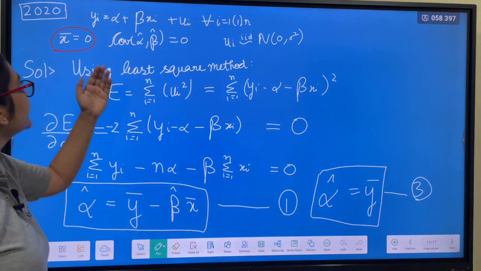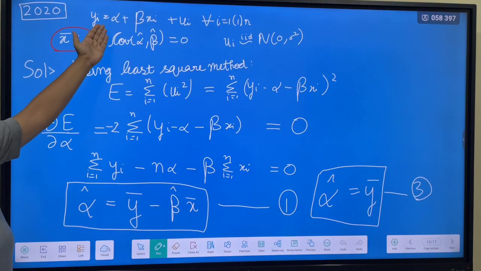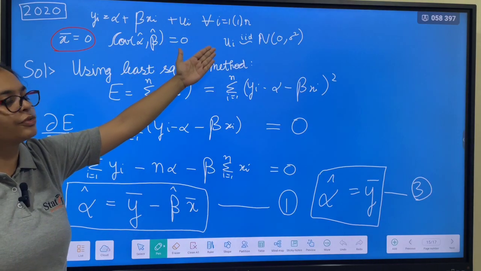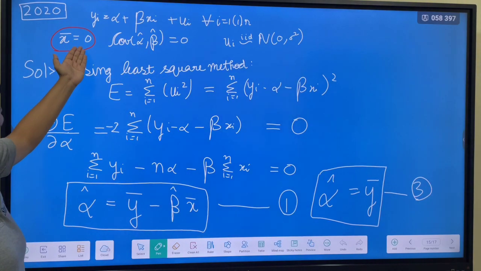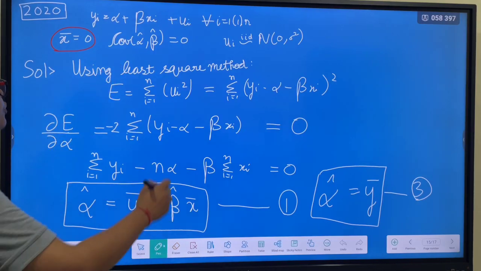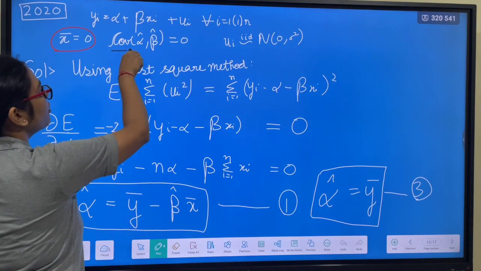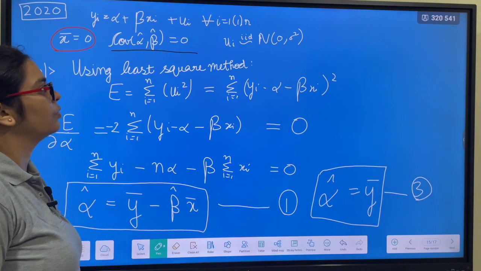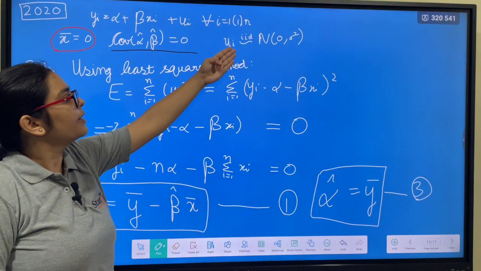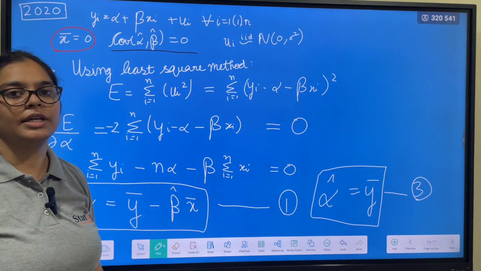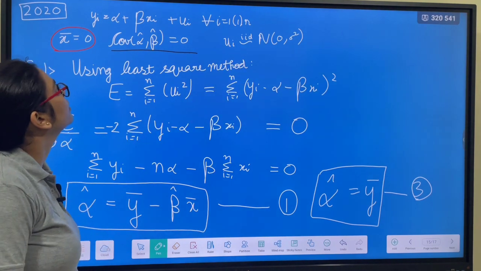The question states that we have been given a model yi equals alpha plus beta xi plus ui for all i from 1 to n, where x bar, the mean of x, is given as 0. We have to prove that covariance of alpha cap and beta cap is equal to 0, where ui, the error term, follows IID normal distribution with mean 0 and variance sigma square.